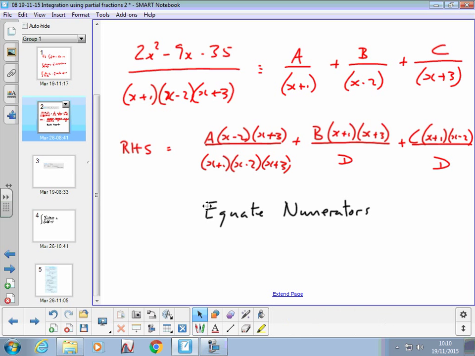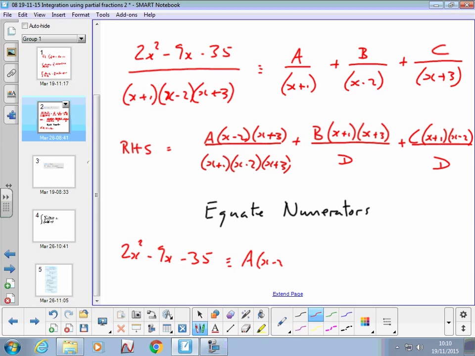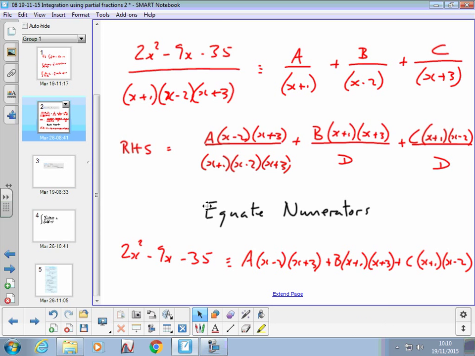And so, what is the numerator on the left-hand side? 2x squared minus 9x minus 35 is equivalent to a times x minus 2, x plus 3, plus b times x plus 1, x plus 3, plus c times x plus 1, x minus 2.